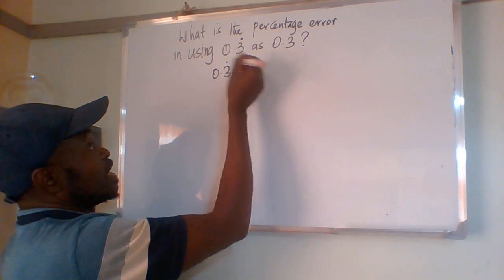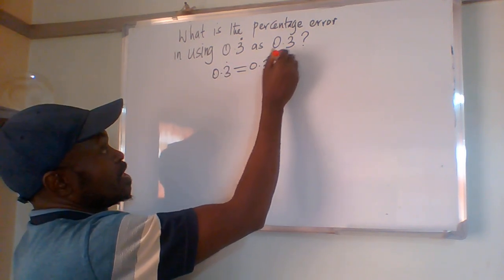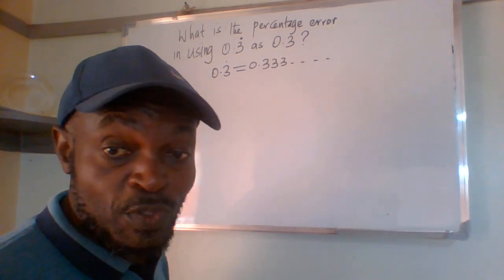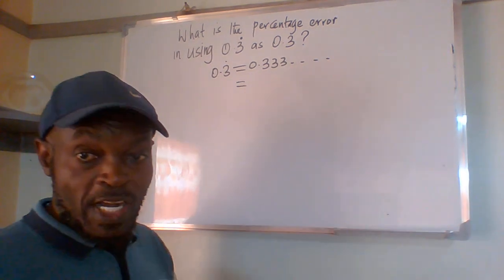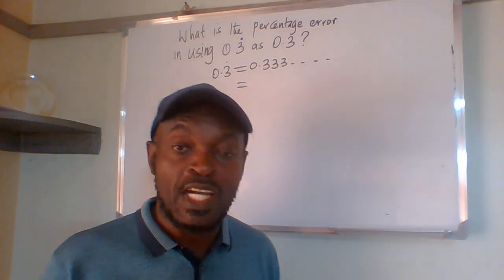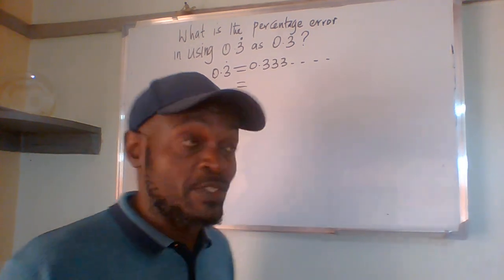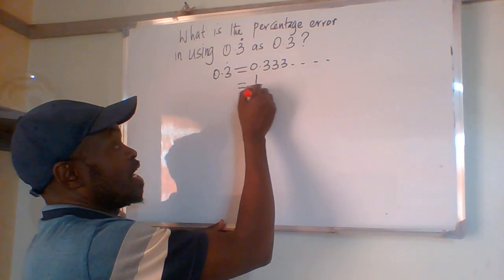So let's take note that 0.3 recurring is actually 0.3333 on and on and on. If you work out, there's a procedure for working out a recurring decimal and converting it into a fraction, you'll find that it is actually 1 over 3.